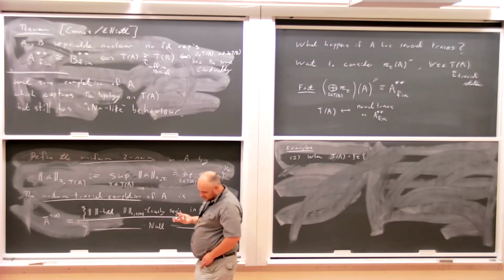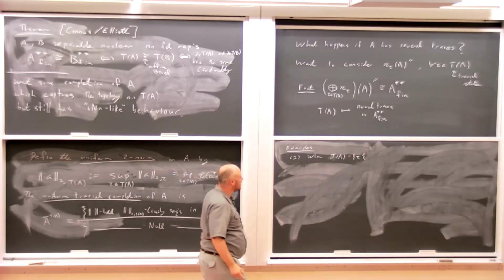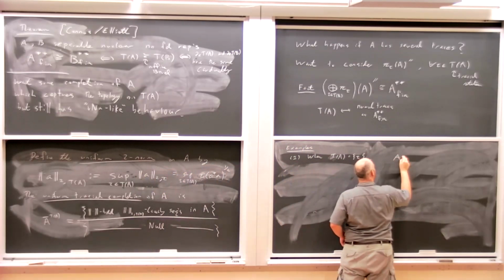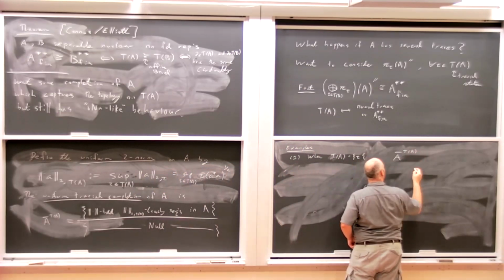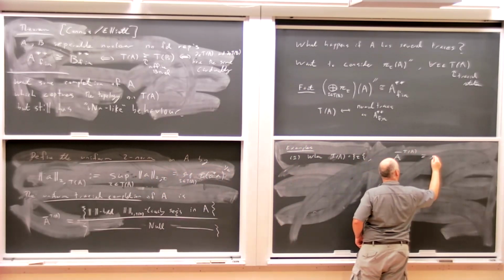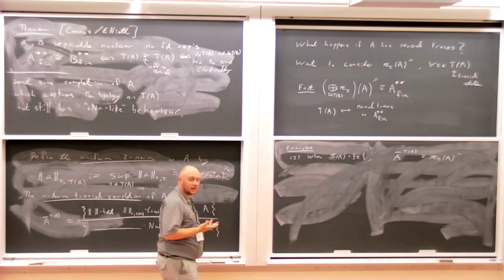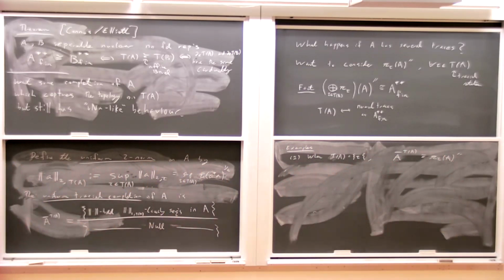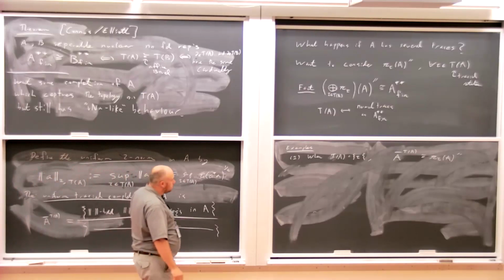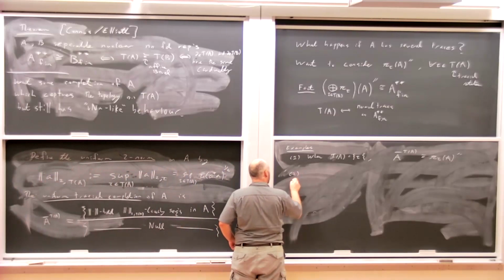If you go back to the unique trace setting, this is just the von Neumann algebra completion in the unique trace, and in a way that preserves the copy of A inside both sides. Okay.